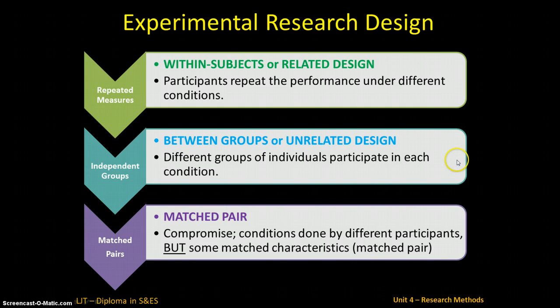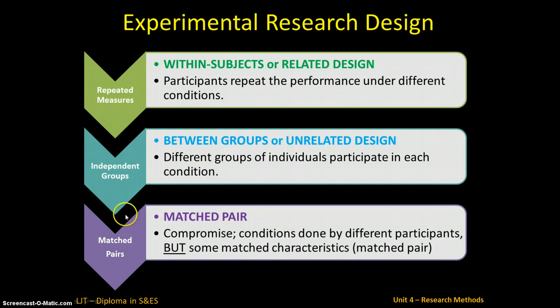Independent groups is essentially using different participants. It could be that we used your sports science group and the basketball team. So that has certain issues because those participants have quite different characteristics.